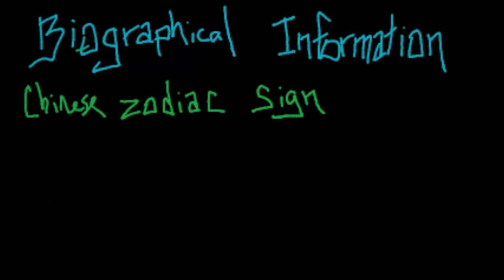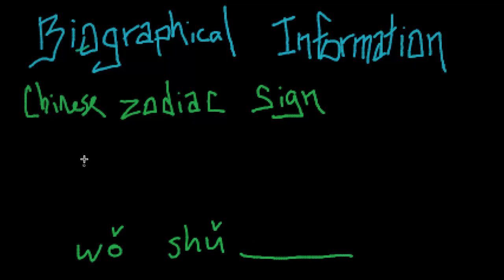Okay. The next thing you're expected to be able to do is tell us what your zodiac sign is. And we do that by saying 我属 and then giving us the animal that represents that zodiac year.